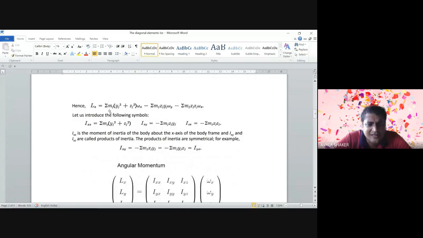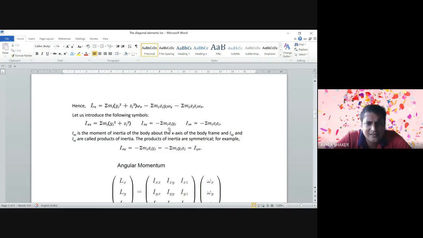So this is Lx. Okay, where this term, which we'll call Ixx, the x component of the moment of inertia, is the summation of m_j (y_j squared plus z_j squared).